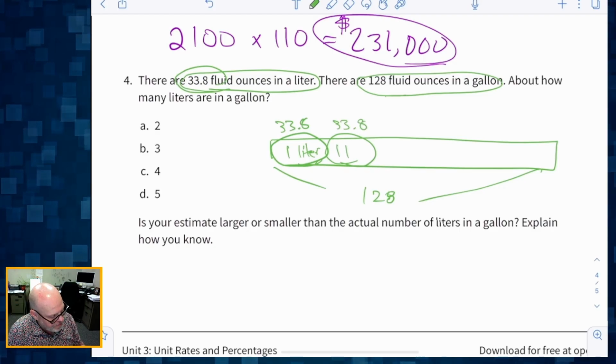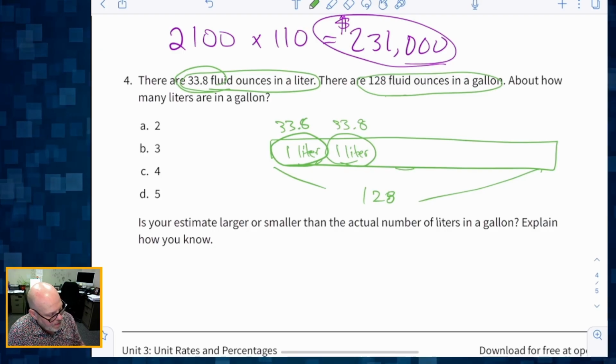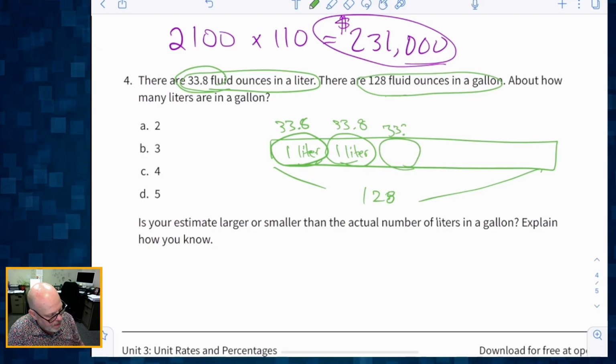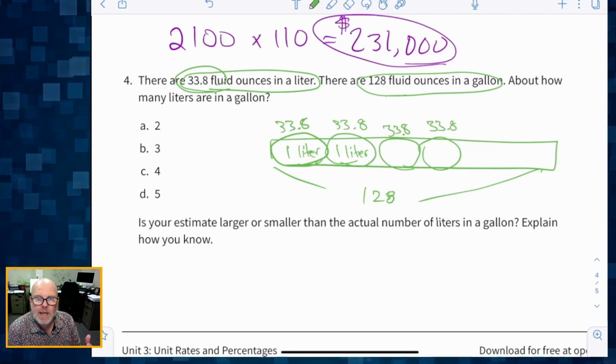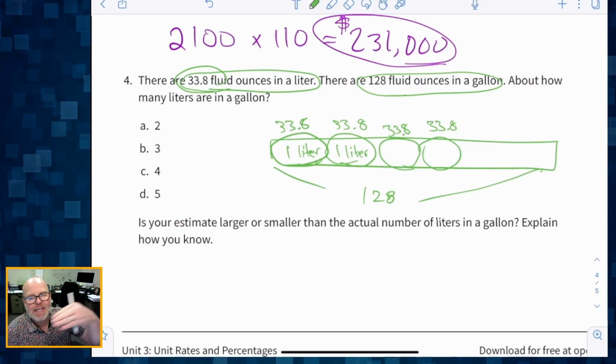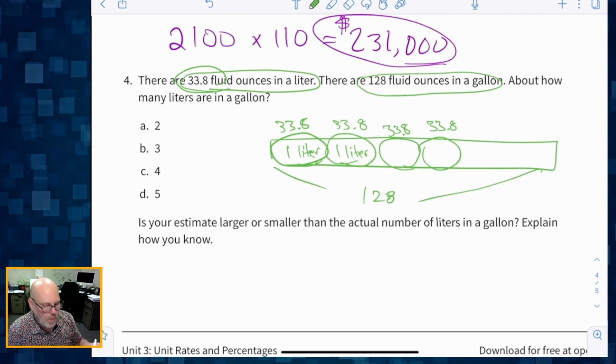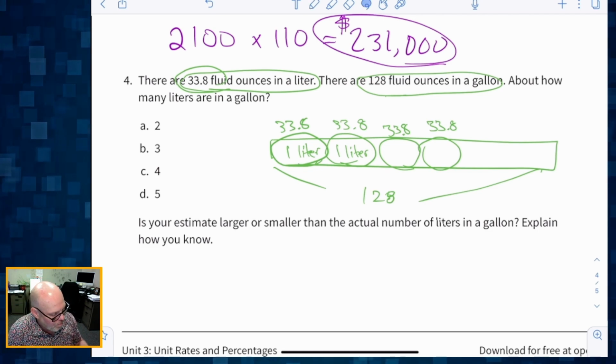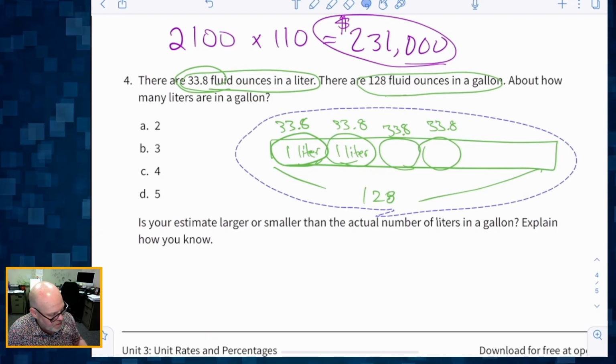So that's another liter. And here's another 33.8 and another 33.8. And so what am I doing? I'm figuring out how many 33.8s are in 128.